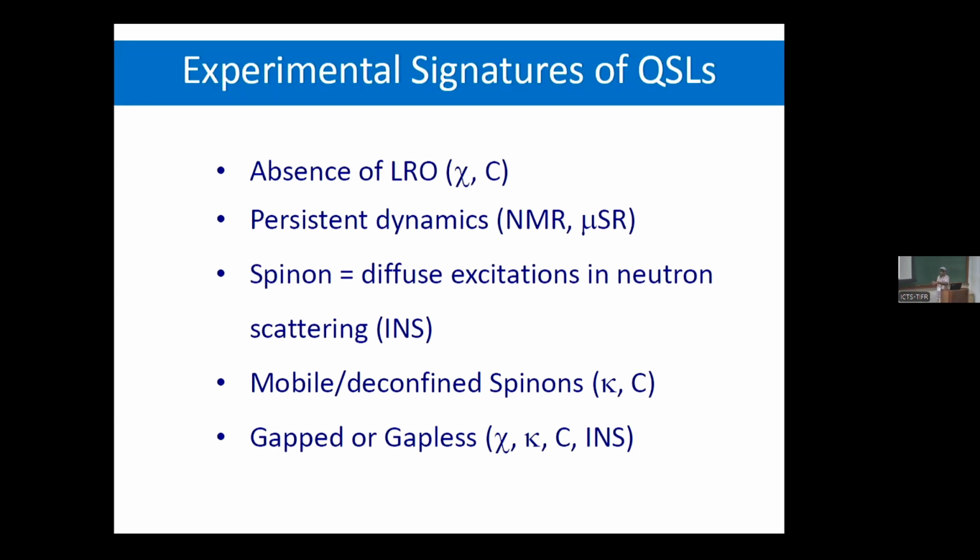The spins will be continuously fluctuating even to the lowest temperatures, or at least temperatures much lower than the interaction scale, and these can be measured via NMR and muSR-like measurements. The fractionalization, for example spinons in this RVB-like picture that I showed, can be measured through inelastic neutron scattering experiments. And whether these spinons are mobile or gapped can be measured by thermal conductivity, heat capacity, and so on.